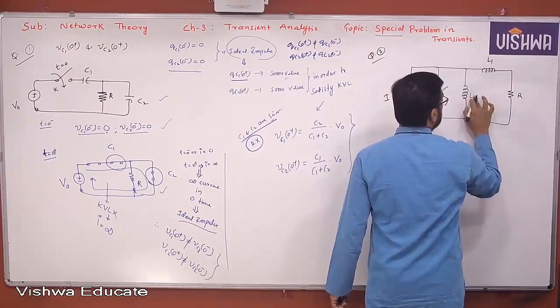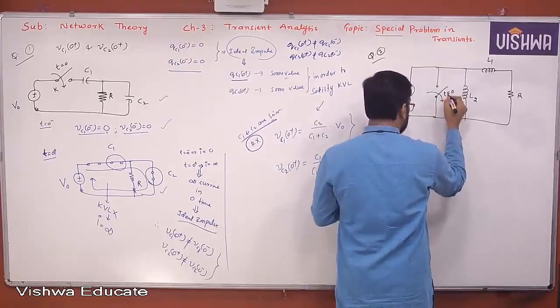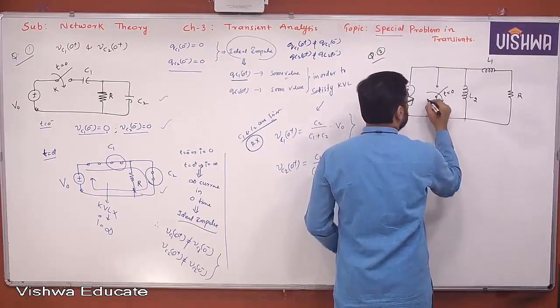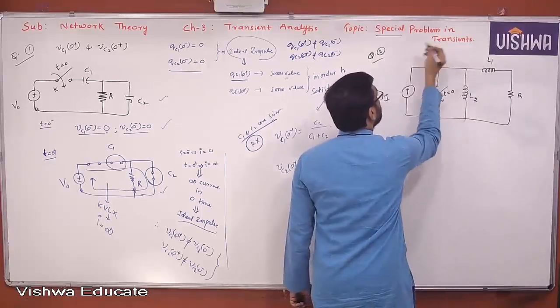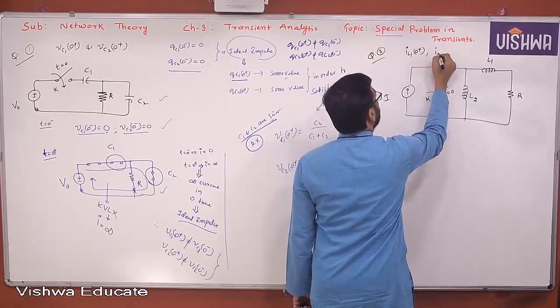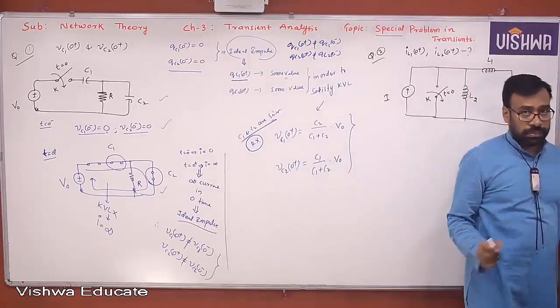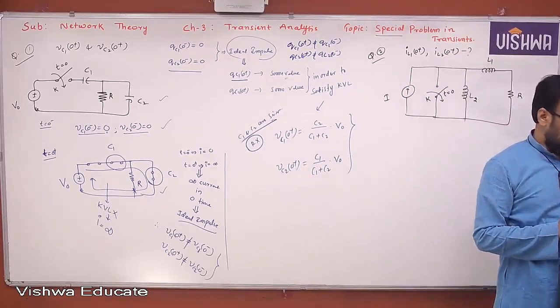This is L1, this is L2. The question is, what is IL1 of 0 plus and what is IL2 of 0 plus?